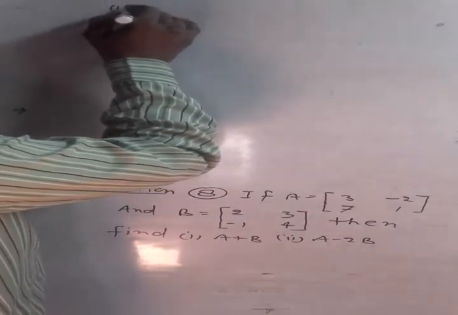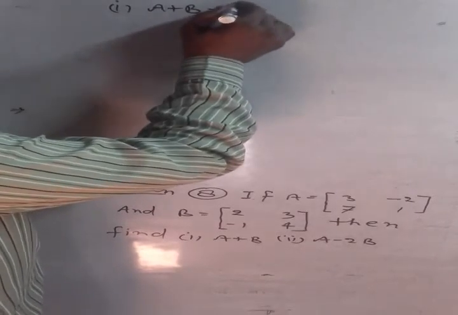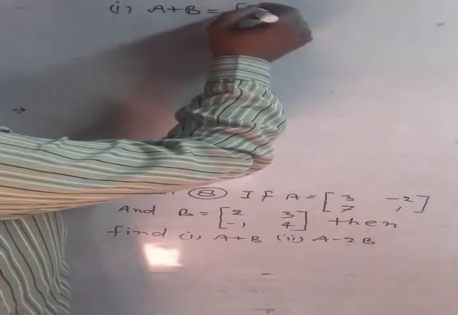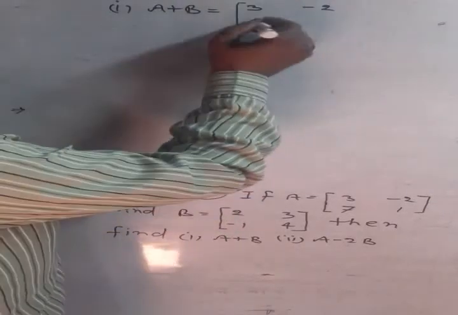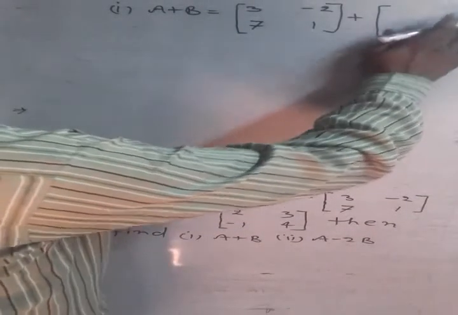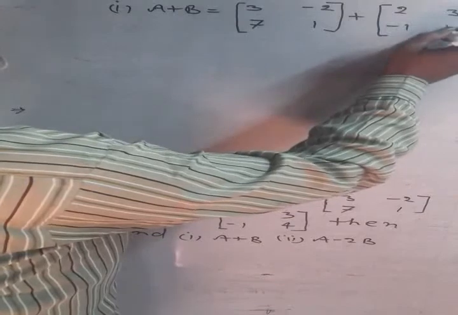First of all, A plus B. A plus B equal to the value of A matrix 3 minus 2, 7 1 plus the value of B, 2 3, minus 1 4.